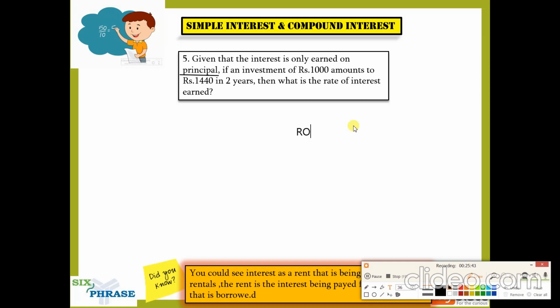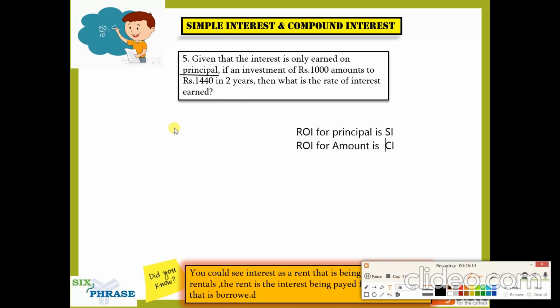Rate of interest for principal is SI, rate of interest for amount is CI, right, guys? So they explicitly say the interest is earned only on principal. So simple interest. Now, what do you know of simple interest?